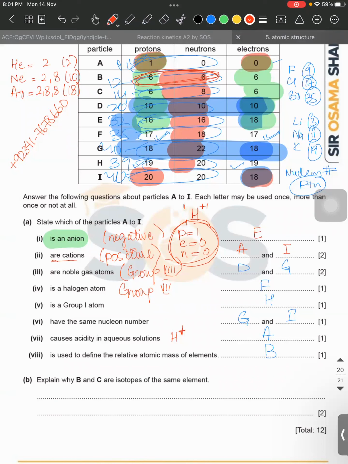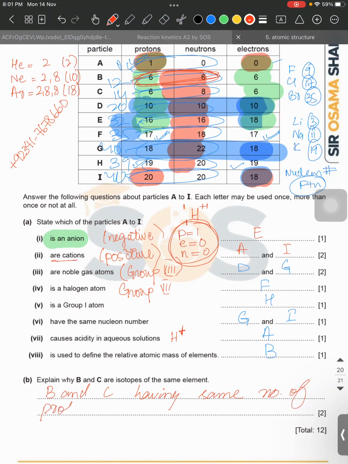Okay, sir. And last part, they are asking for why B and C are isotopes of the same element. Right now, they are not giving you the proton number and nucleon number, so you must need to define the answer in number of protons and neutrons or in subatomic particles. So you can say that B and C having same number of protons लिखिएगा आप यहाँ पर. Same number of protons.